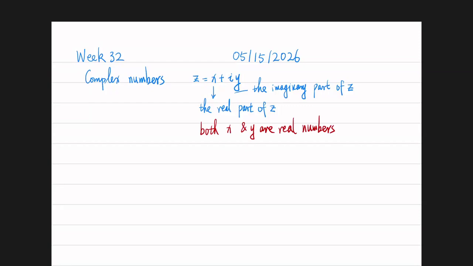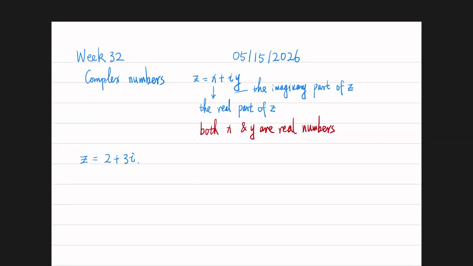We have the following numbers. Eric, what's the real part? What's the imaginary part? The real part's 2 and the imaginary part's 3i.